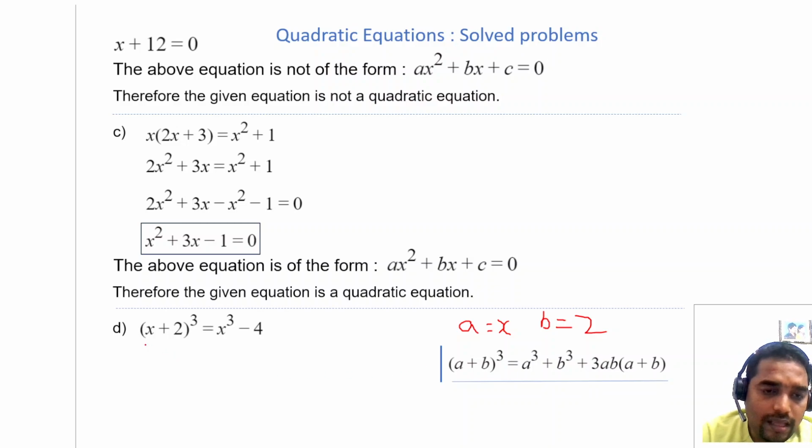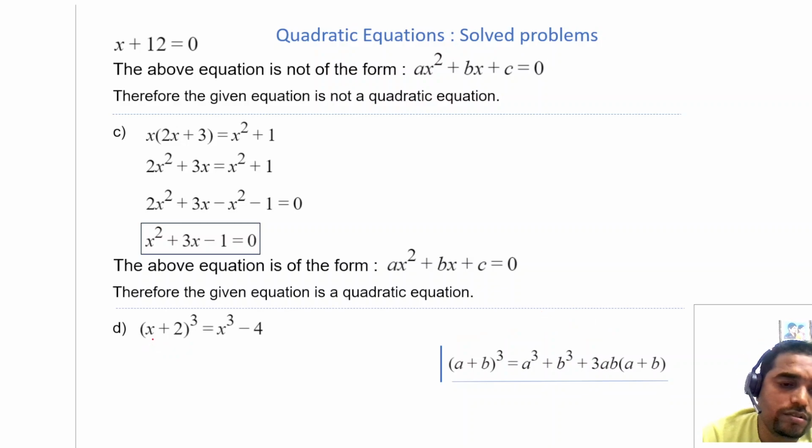Because in the expression that we want to simplify, (x + 2)^3 is available, so it is similar to (a + b)^3. Because it is similar to (a + b)^3, in order to simplify and open the brackets, we will have to use this formula. To use the formula, wherever there is a in the formula, it is equivalent to x in the problem.